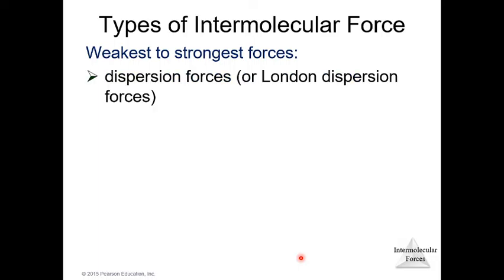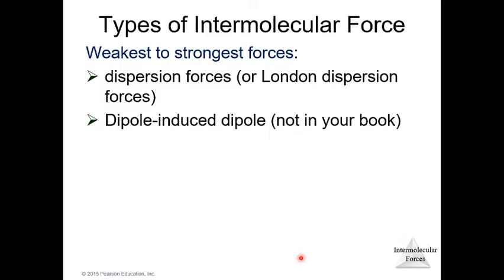The weakest intermolecular force are called dispersion forces, also known as London dispersion forces, because London was the scientist who did a lot of work in this area. And we always like to name stuff after people, especially people who do cool things. The next strongest intermolecular force is dipole-induced dipole. Not in your book, but it should be.